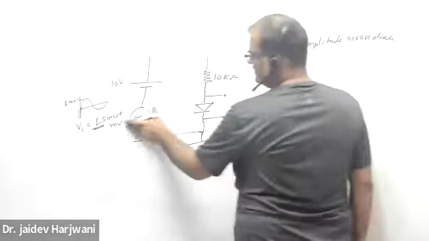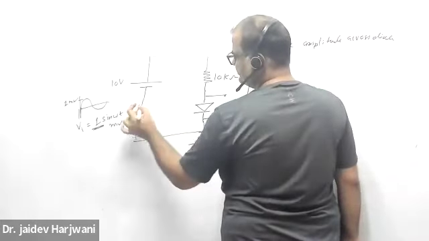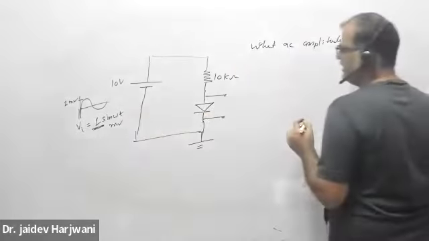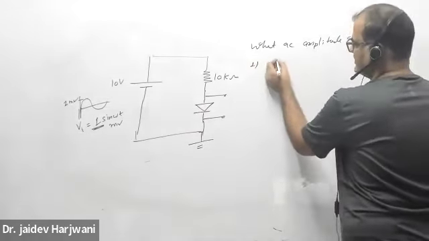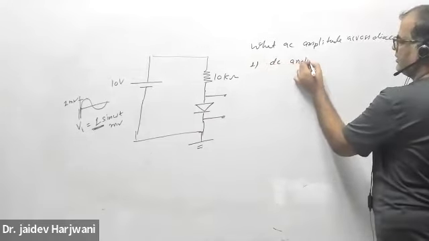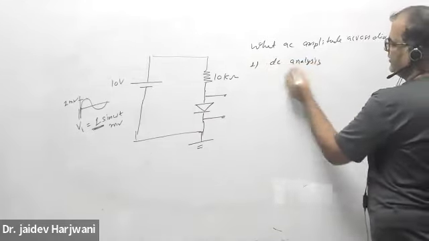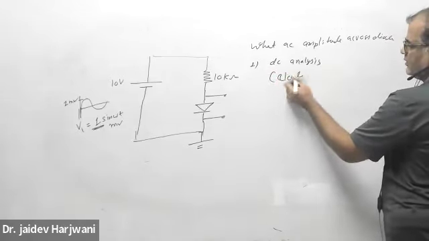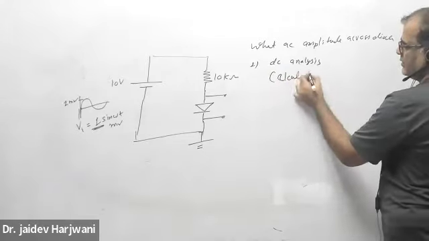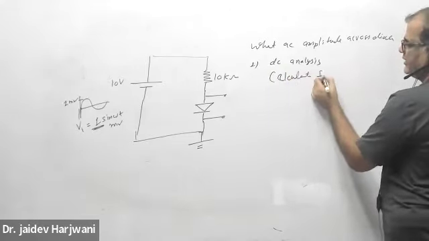So what is the AC resistance of the diode? First you calculate the ID. So step 1 is DC analysis, that is, calculate ID.